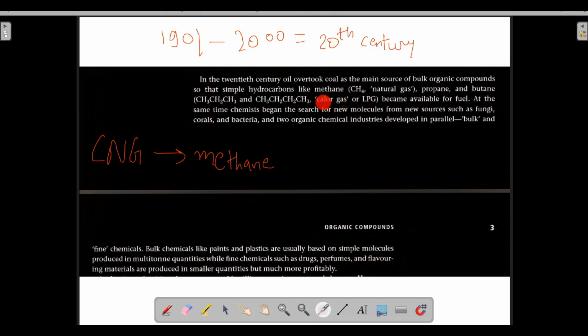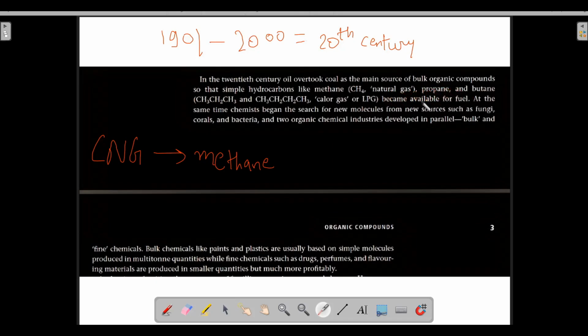When methane, propane and butane were isolated from crude oil, they became available for fuel.